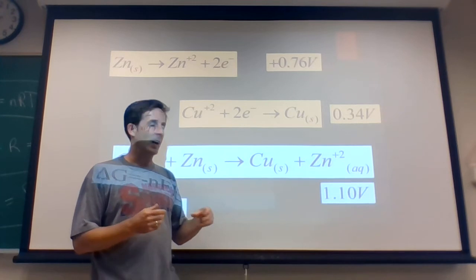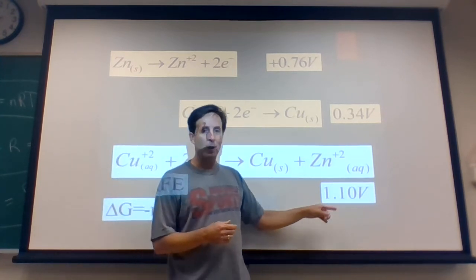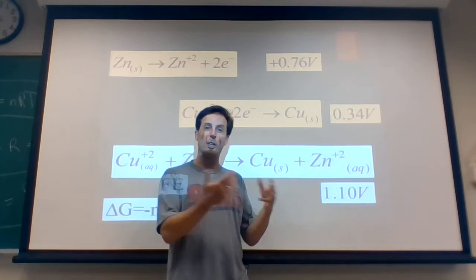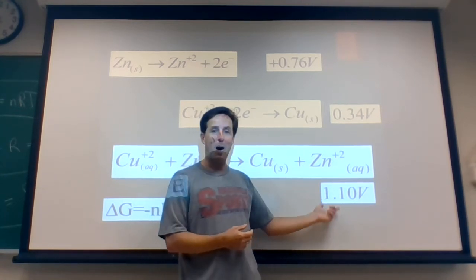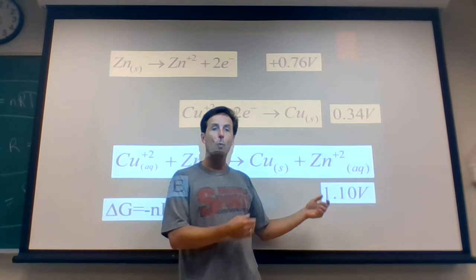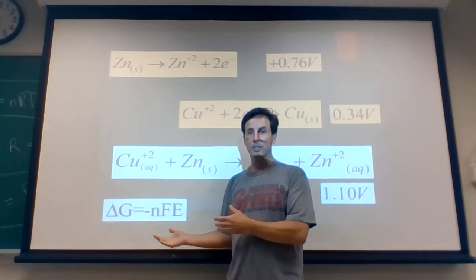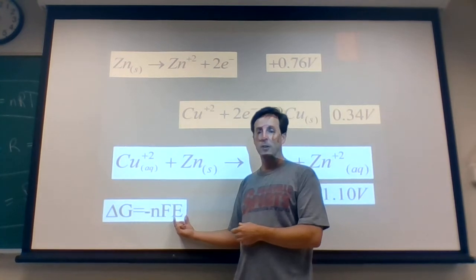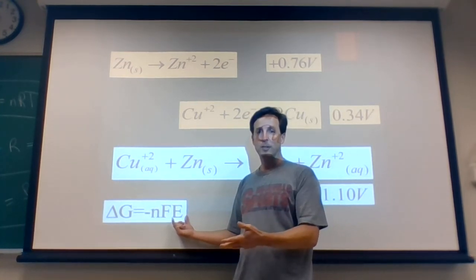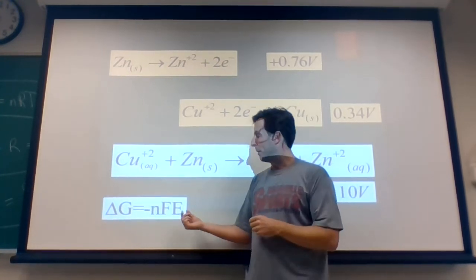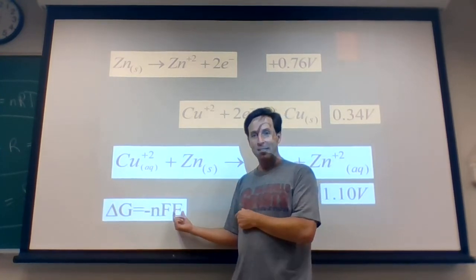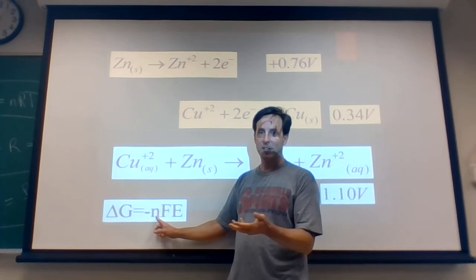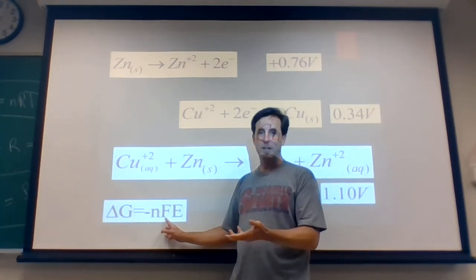It's important to realize that in order to have a spontaneous reaction, like if I want to write a reaction that's actually going to occur, I need to have a positive E value. Why is that? Well, there's an equation that relates delta G to the E value, which is called the electromotive potential. Sometimes it's called EMF. The E value has to be positive, where n is the number of electrons being transferred, and F is called the Faraday constant.